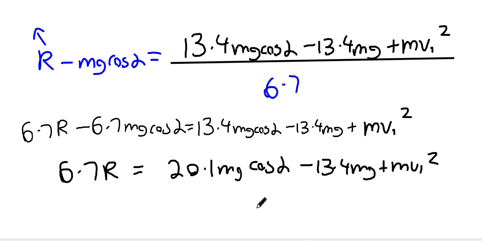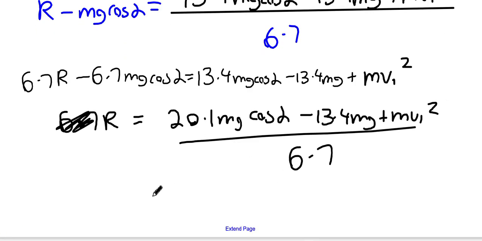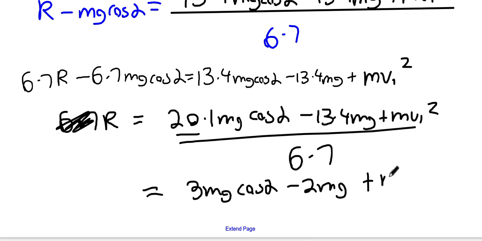And then divide all that by 6.7 and I'm done. Marking scheme, what they did was they divided by 6.7, so they divided 20.1 by 6.7, they turned that into 3 mg cos alpha. They divided the 13.4 by 6.7 and they got minus 2 mg, and then they just left the mv1 squared over 6.7 in the corner, and that is what they got.